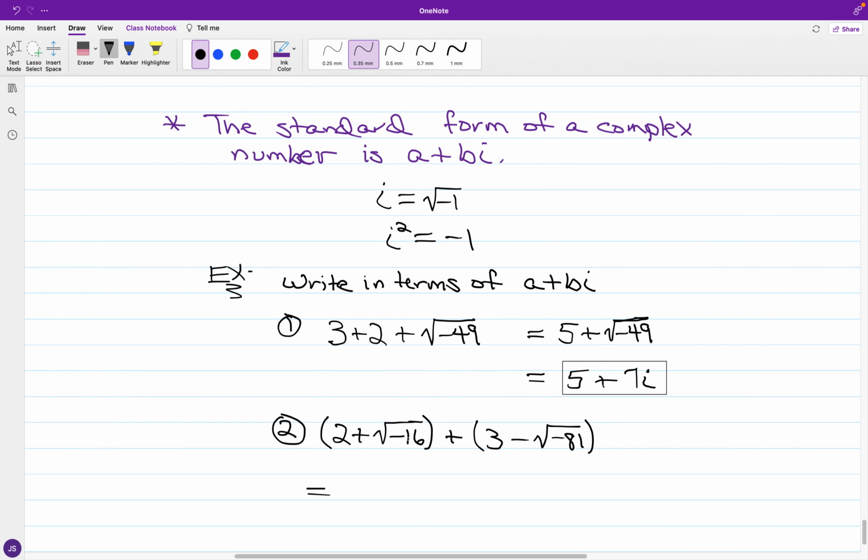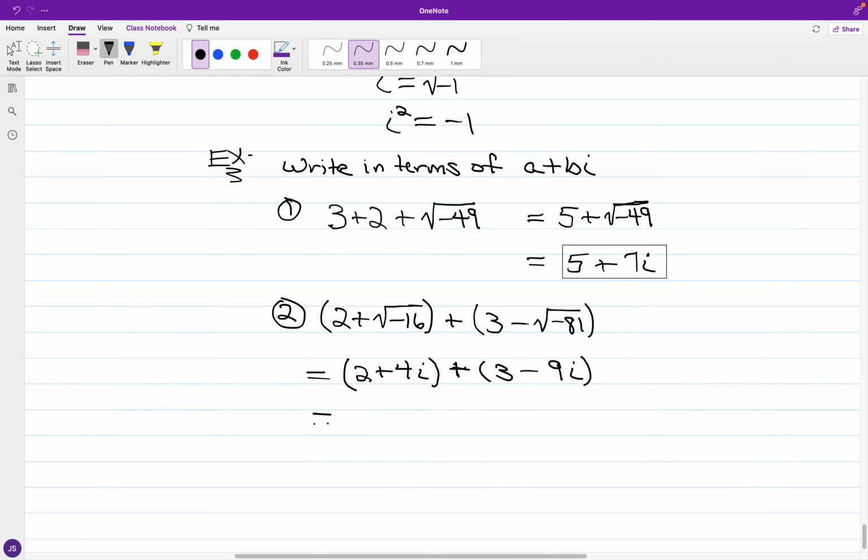What I can do here with the radicals is write them in terms of the letter i. Now the square root of negative 16 is going to be 4i, and the square root of negative 81 is going to be 9i. So I'm looking at subtracting 9i.